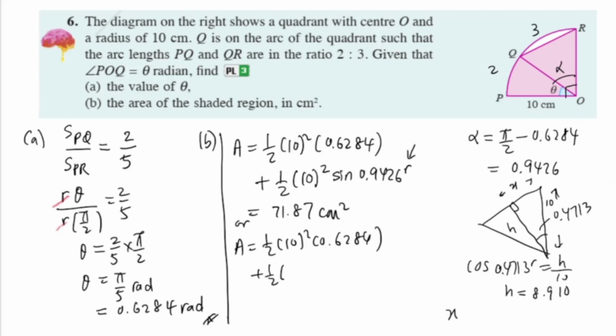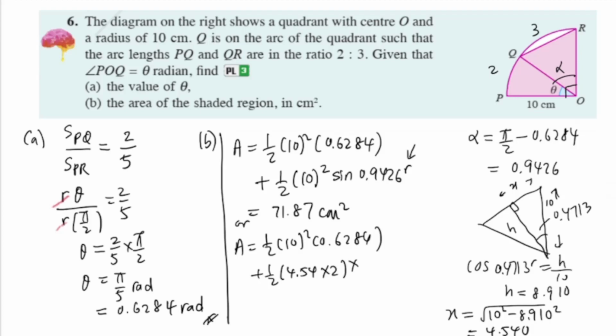So x is now square root of 10 squared minus 8.91 squared. So this is 4.540. So base is 4.54, but you have to times 2 because this is 2x, so I times 2 here.